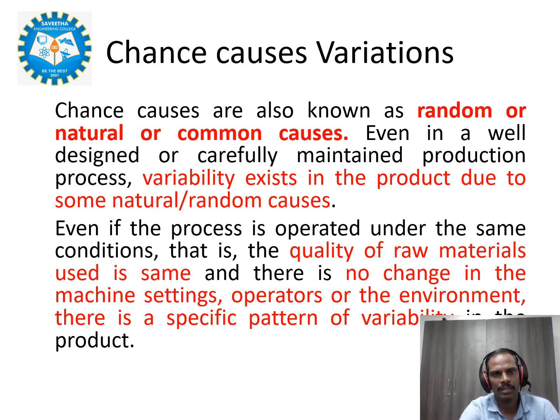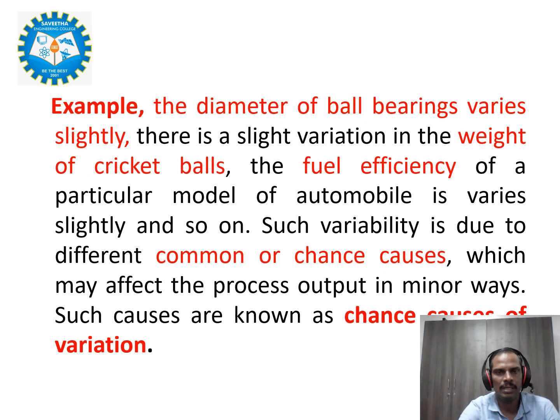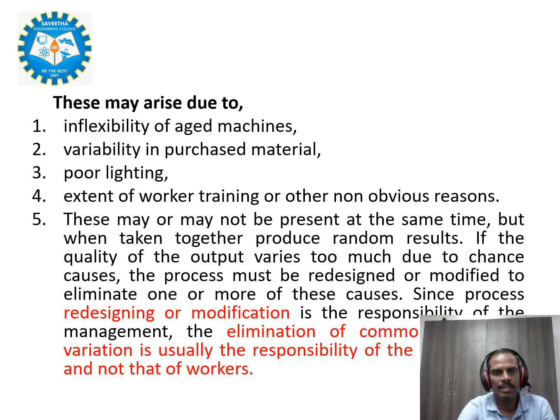Even when the process operates under the same conditions, the quality of the raw materials is the same, and there are no changes in machine setting, operator, or environment, a specific pattern of variability can be identified. Examples: the diameter of a ball bearing varies slightly, and so do the weight of a cricket ball and fuel efficiency. This may arise due to the inflexibility of aged machines, variability of purchased materials, poor lighting, the extent of workers' training, and other non-obvious reasons.